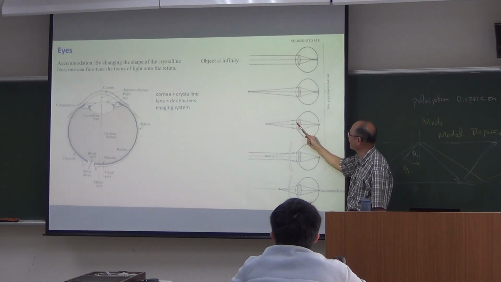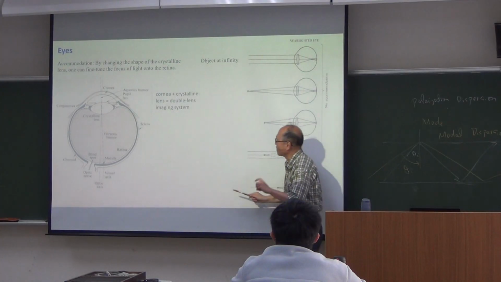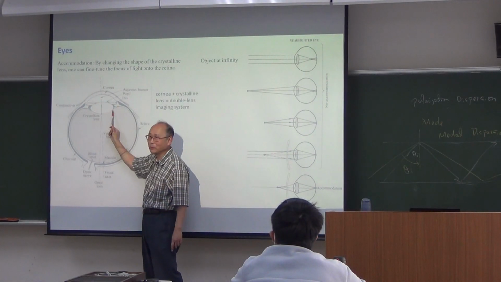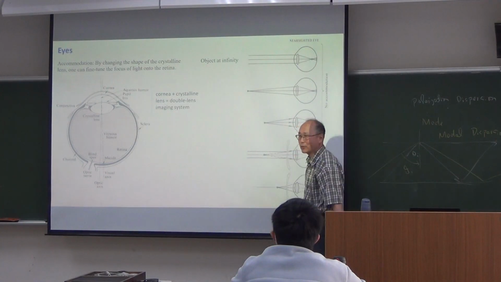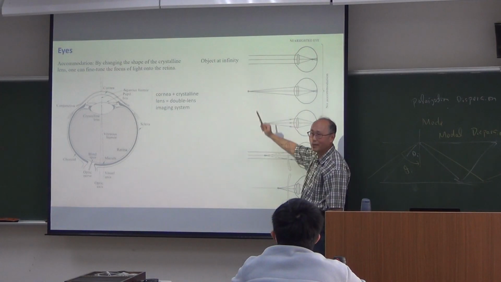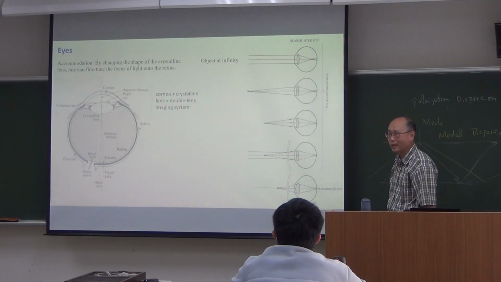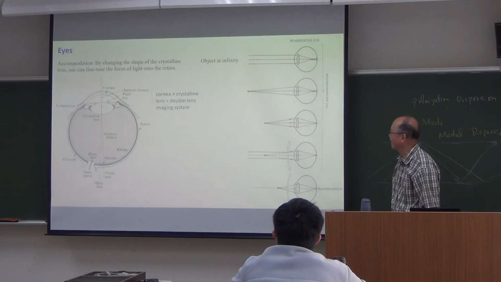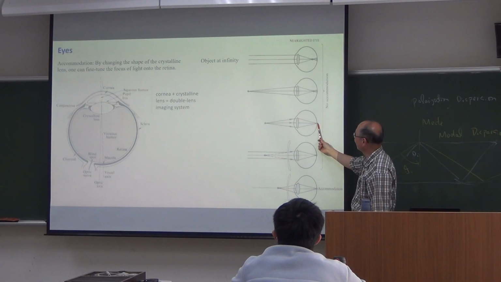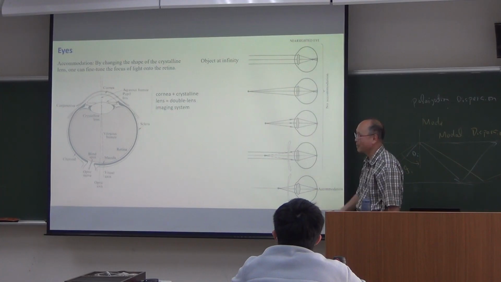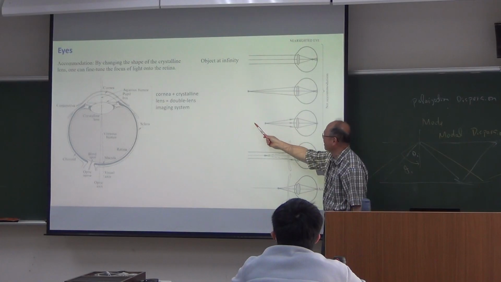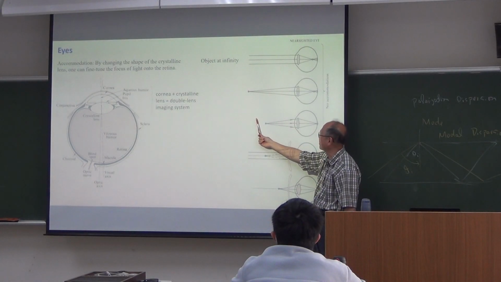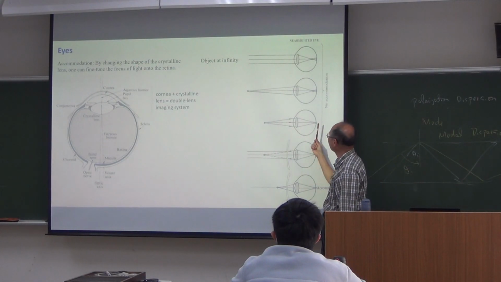The reason is that I can use the muscle in the eye to accommodate something that is closer than infinity. So for a healthy eye, I'm going to have this kind of situation, where I can have the image on the retina.